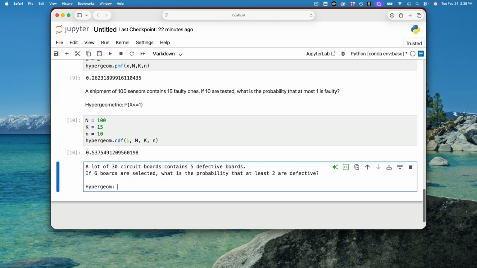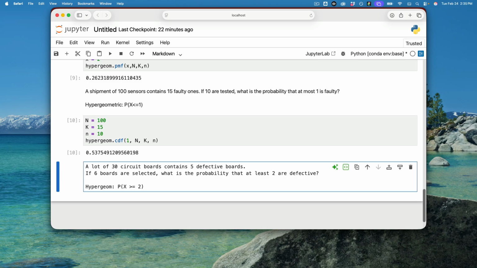At least 2 means 2 or more are defective: 2 can be defective, 3 can be defective, 4. So that's the probability of x greater than or equal to 2. The previous problem was at most, so this would be P of x greater than or equal to 2.